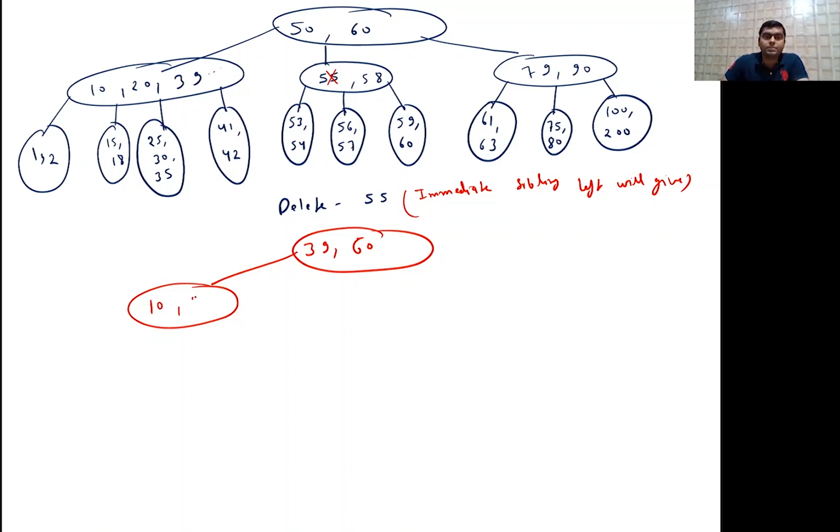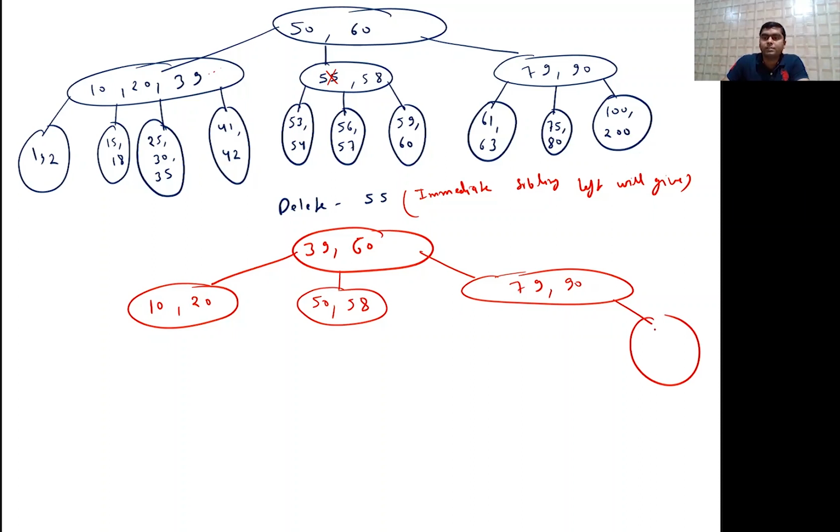39 will go, so what is remaining over here? 10 and 20 remain, and 39 goes here, so 50 will come down, so it is 50 and 58. And right side is what? 79 and 90.